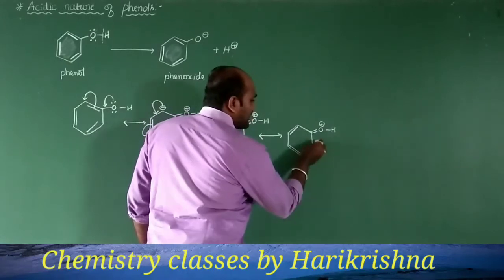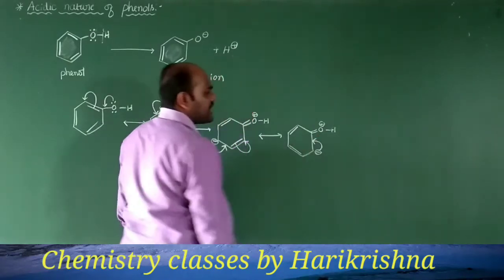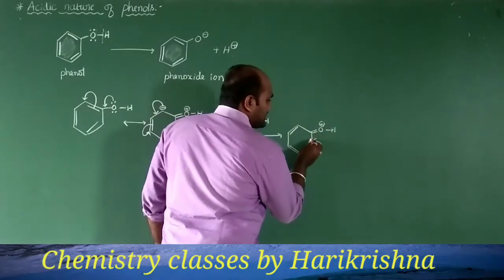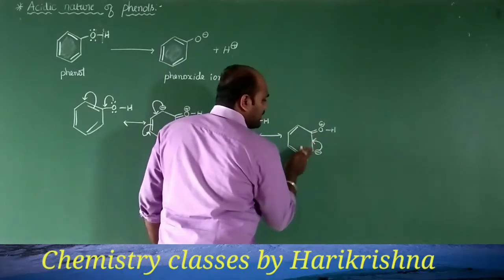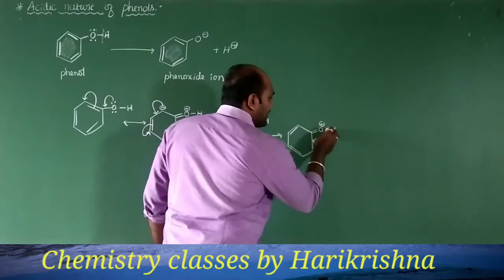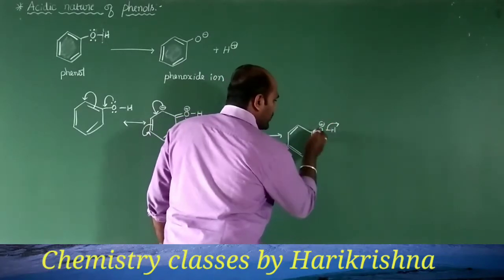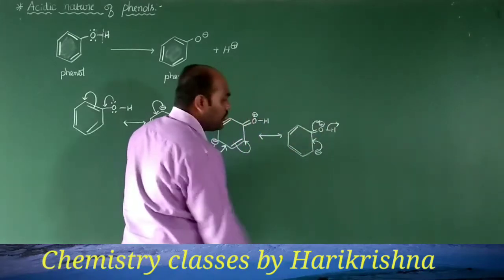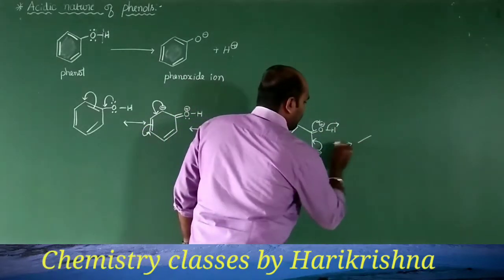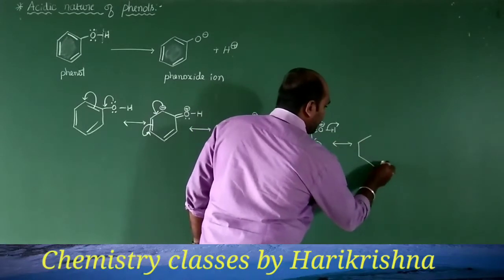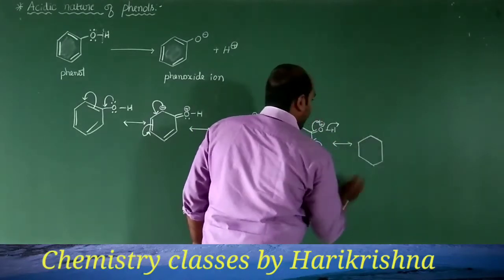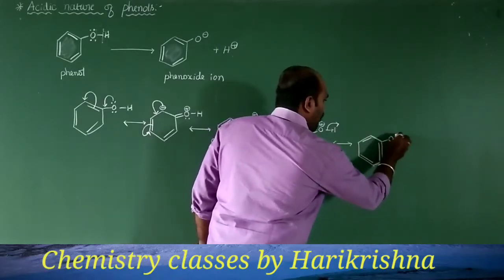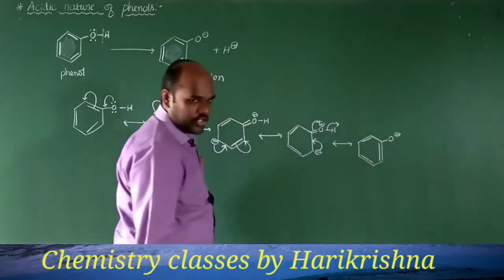And now this negative charge will shift over here, and now to balance this movement, the H will come out and these electrons will once again shift on to oxygen. So that we'll be getting a canonical form like this, O with negative charge.